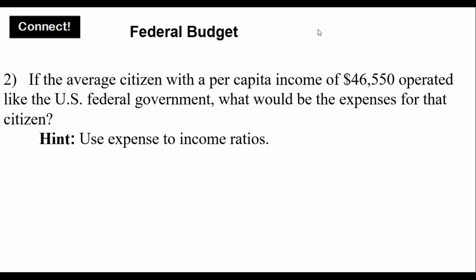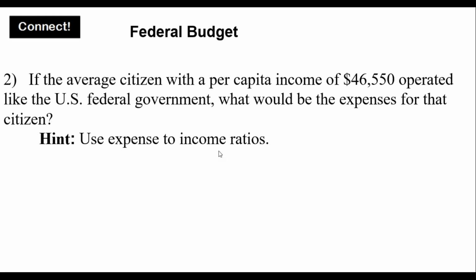Comparatively, we can't use the income of the federal government because that's bigger. So we're going to use the income of the typical average citizen. We're going to see how much, if it was us, we are overspending in our terms here.